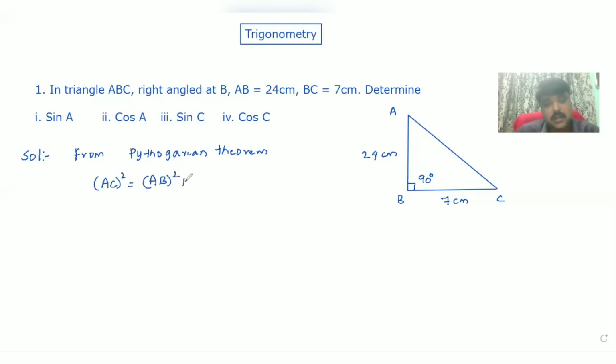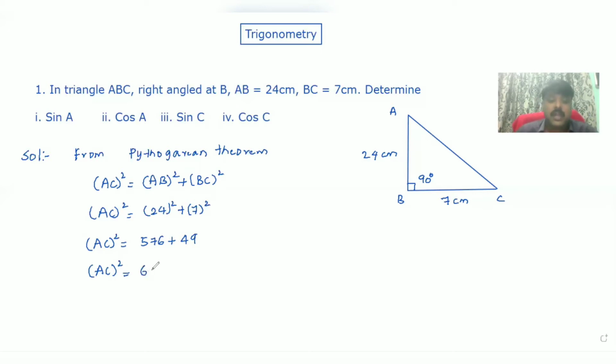AC square equals AB square plus BC square, which is 24 square plus 7 square, which is 576 plus 49, it is 625.